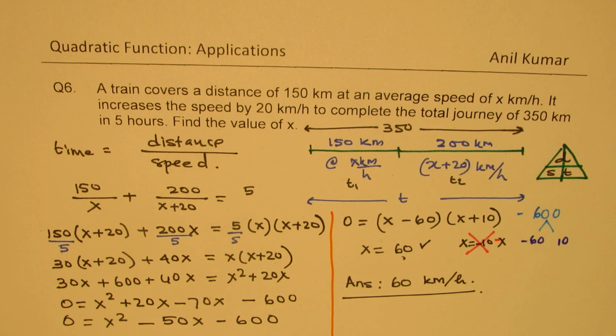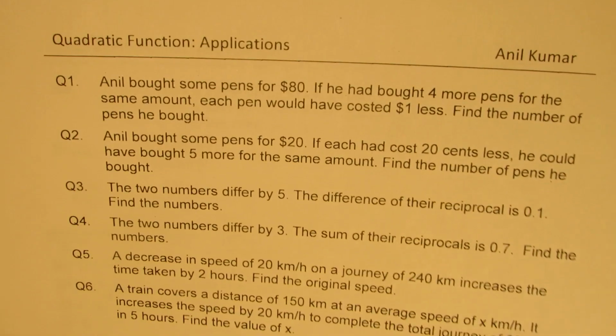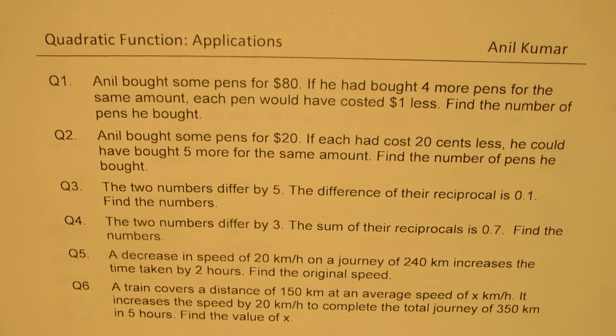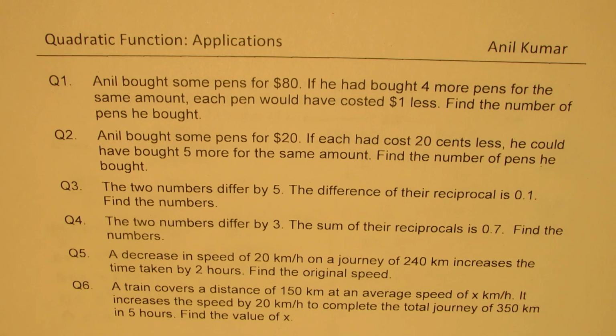So with that, we solve all our questions, which are basically similar kind, right? So we did all these 6 questions. The idea was that we are finding rate. Speed is also a rate, distance traveled in unit time. The first one was rate, dollars spent per pen, right?